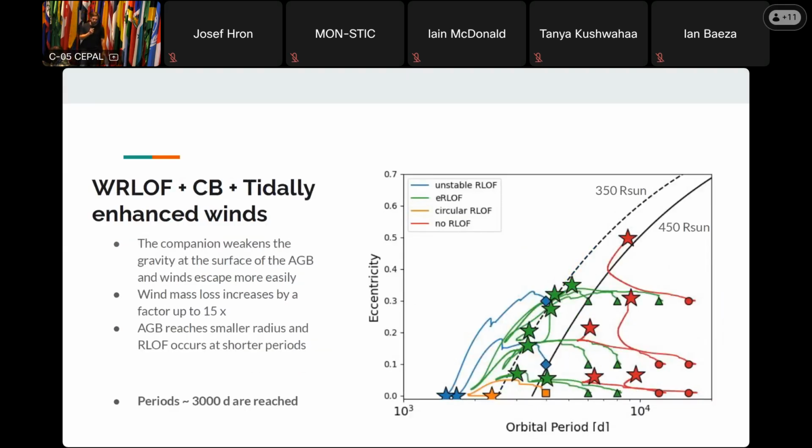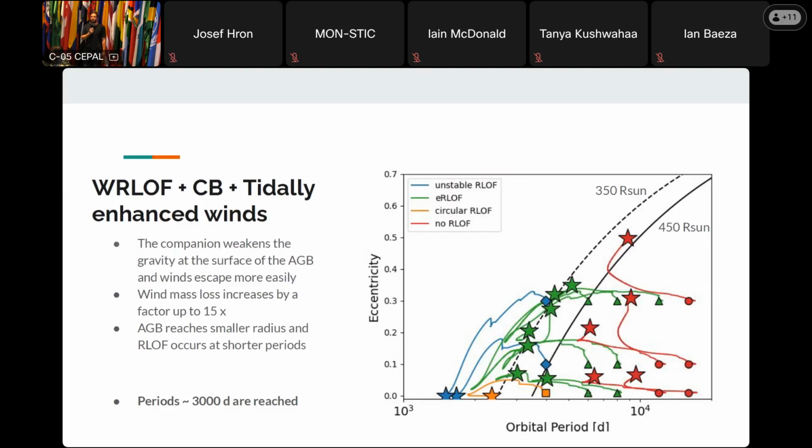Another mechanism that is quite often invoked when trying to explain very weird orbits is the tidally enhanced winds mechanism, which remains quite unconstrained. The explanation is basically that the companion weakens the gravity at the surface of the AGB, which allows matter to escape more easily.